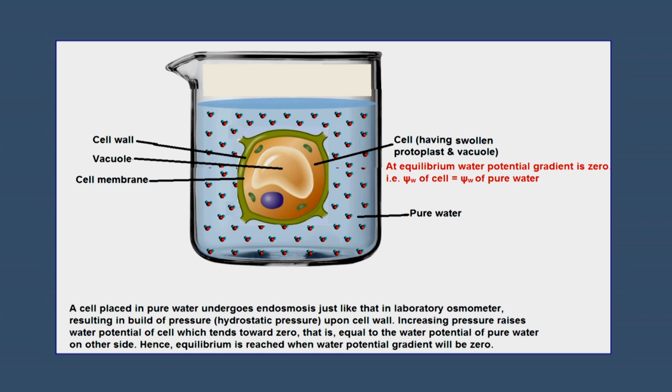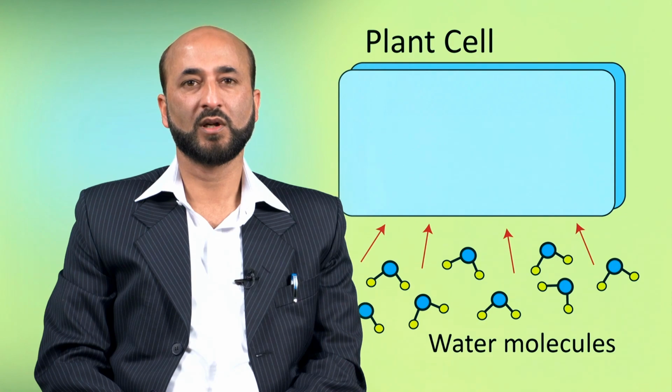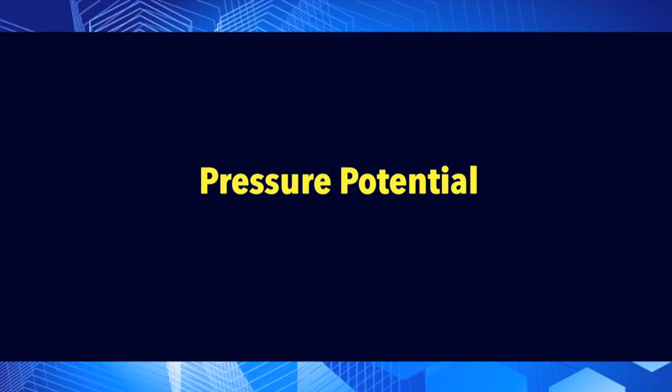At this point, the water potential gradient will be 0 and equilibrium is reached. Thus, equilibrium is reached due to the increase in hydrostatic pressure. The hydrostatic pressure is also called pressure potential.